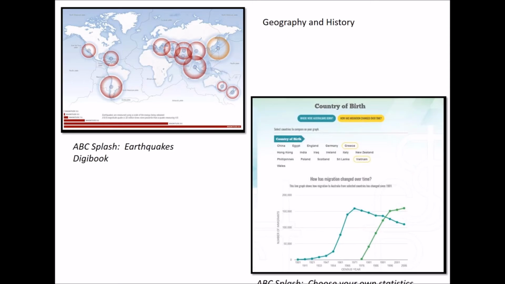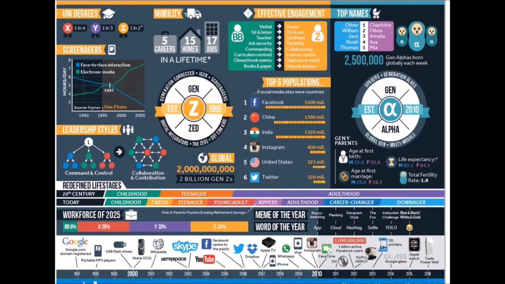Okay, and here's another example, we're in geography and history here, of students being able to consider different ways of representing and presenting their data and their information, their research. And finally, the last one, I just popped up this infographic.